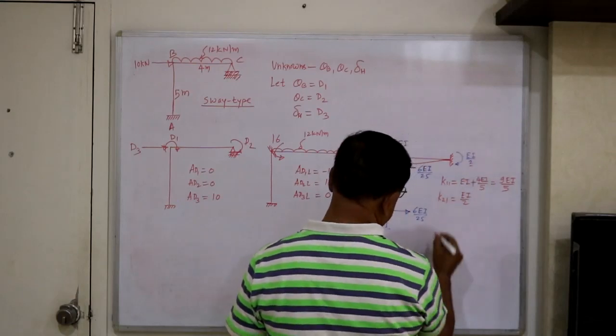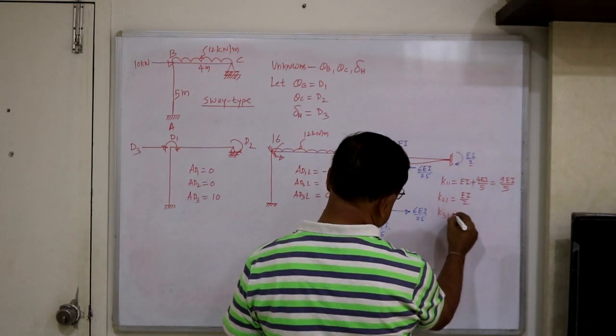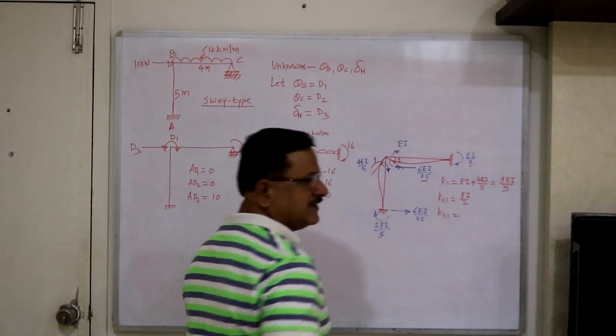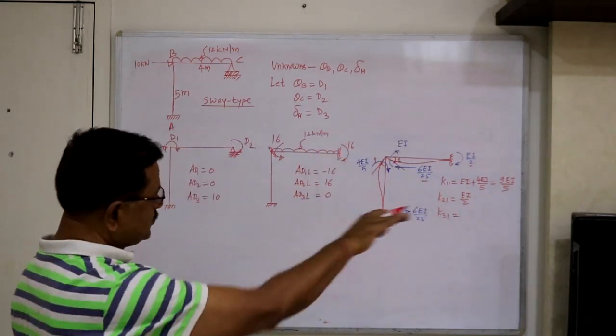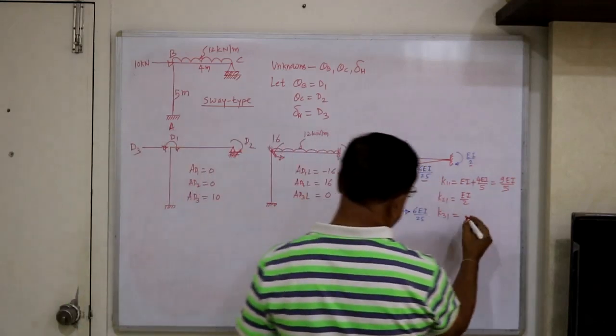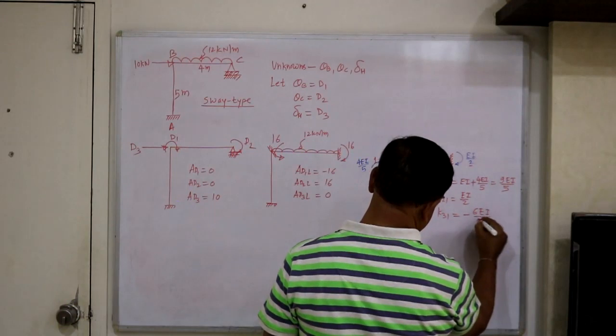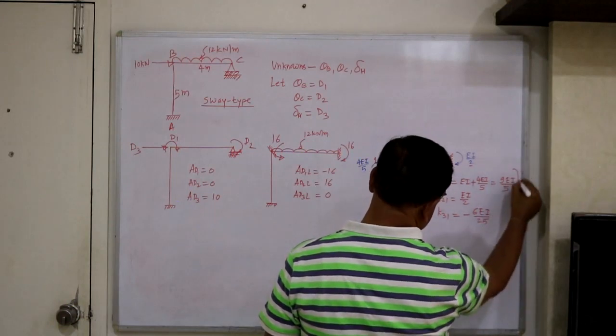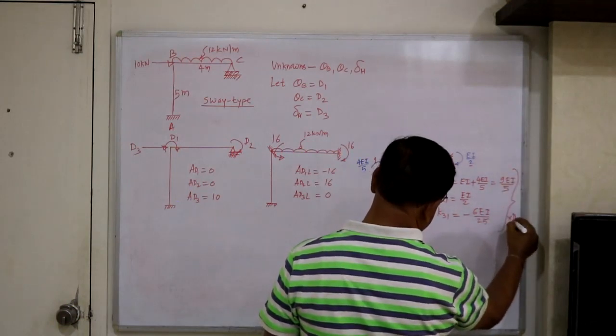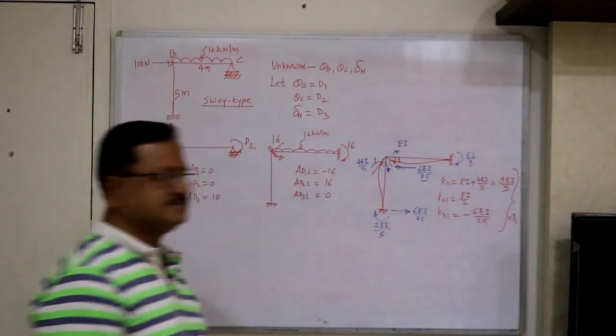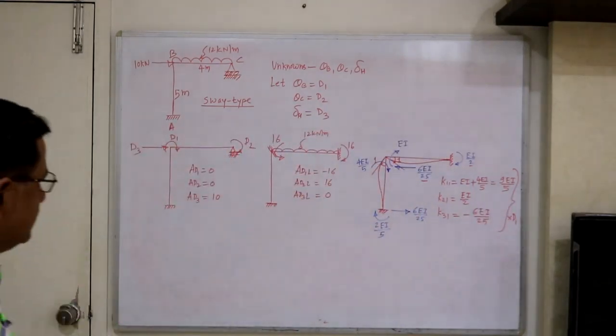K31 is this value in the direction of D3, but D3 is towards the right and this is towards the left, so minus 6EI upon 25. And all these are to be multiplied by D1.